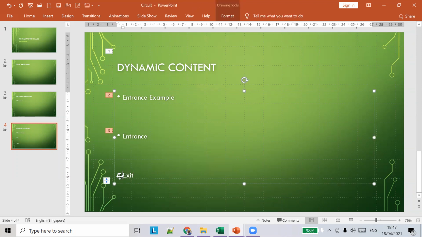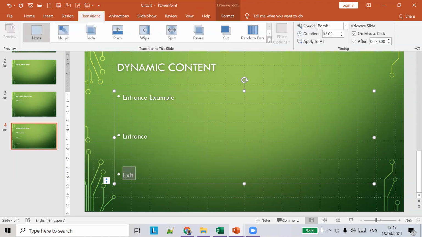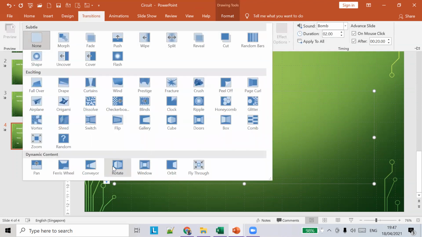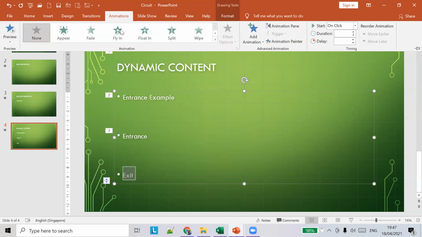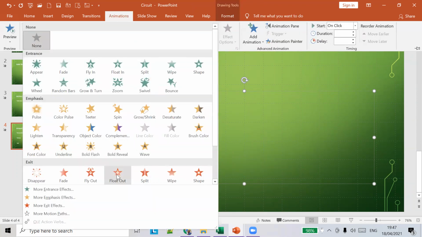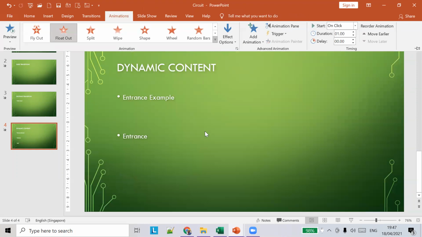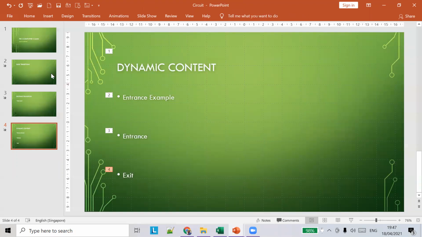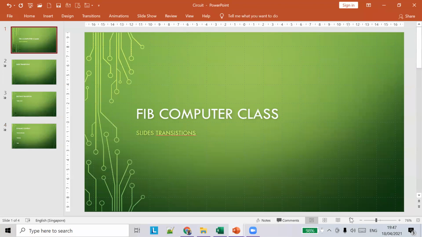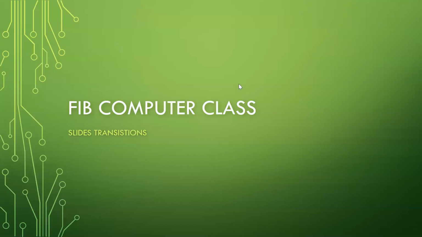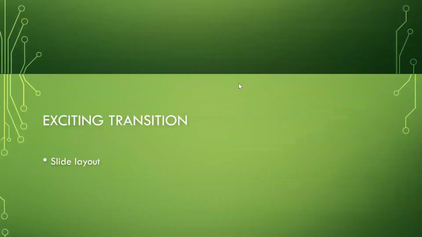I'm going to apply another animation for the exit. I'll choose animations, and I'll choose float out. Now if I run the slide, you can see different animations for different types of elements. I go to the third slide.